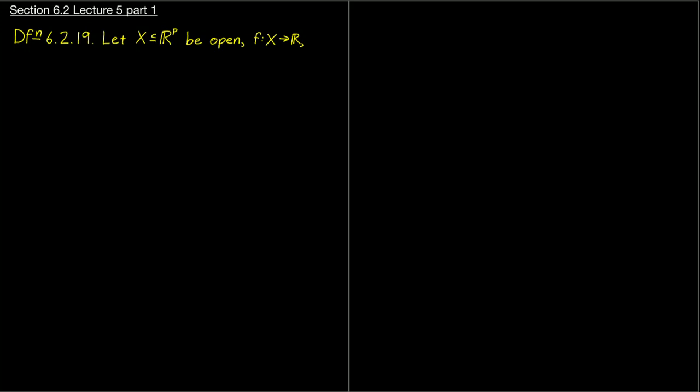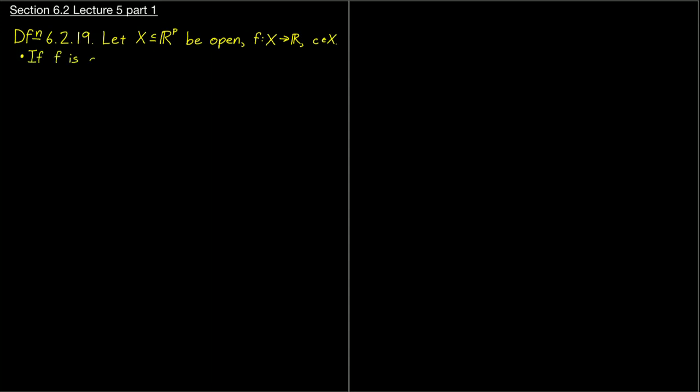The real numbers are really where you want to be if you want to talk about biggest and smallest. And let's let C be a point in X. All right. So this is actually several definitions.